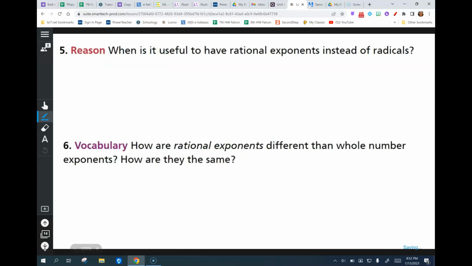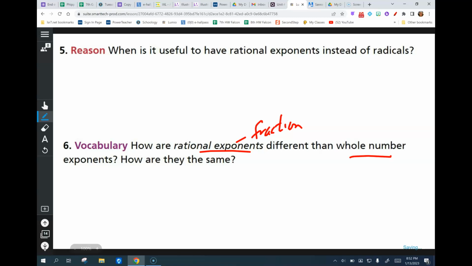Number 5, when is it useful to have rational exponents instead of radicals? Anytime you're going to be solving equations. So let's just go on. How are rational exponents different than whole number exponents? So a rational exponent is going to be a fraction if we go very basic. And if I talk about whole numbers, it's whole numbers. So how are they different? Well, one's a fraction, one's a whole number. How are they the same?